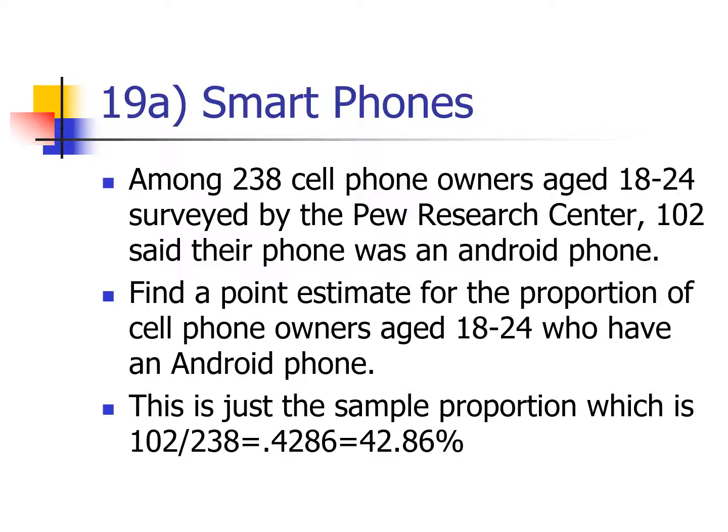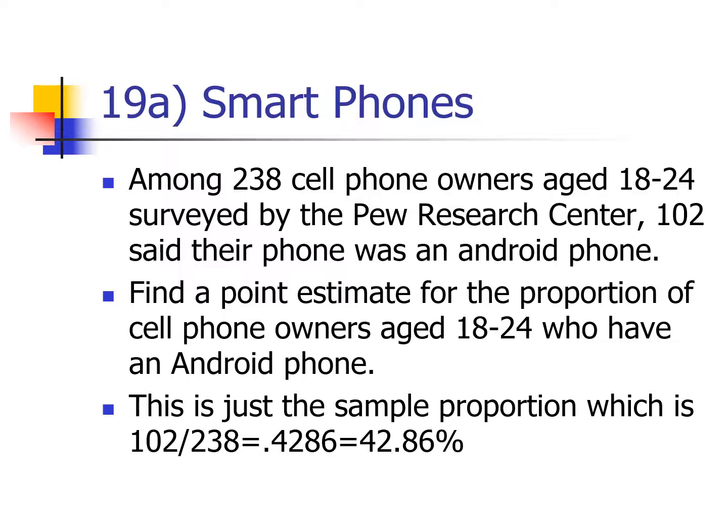We'll never know that percentage exactly unless we could somehow sample every 18 to 24-year-old. That's not going to happen. They are very elusive. There's no way we're going to track them all down and find out whether or not they have an Android phone.